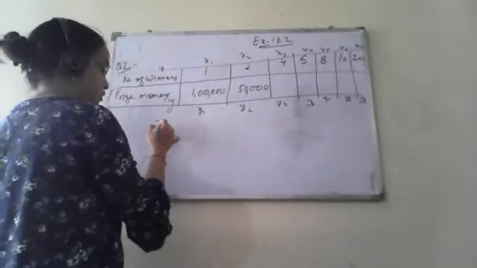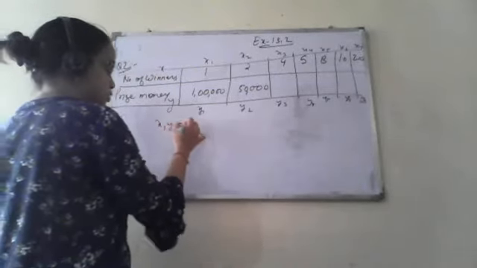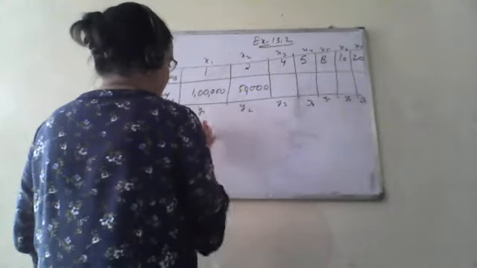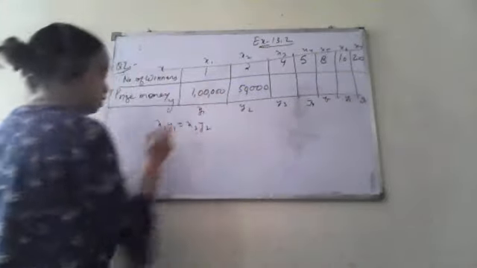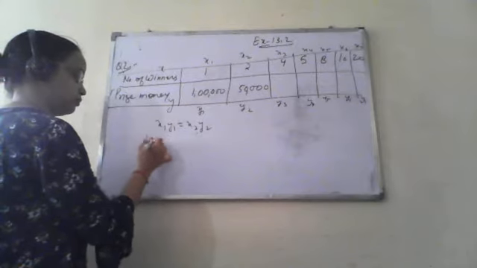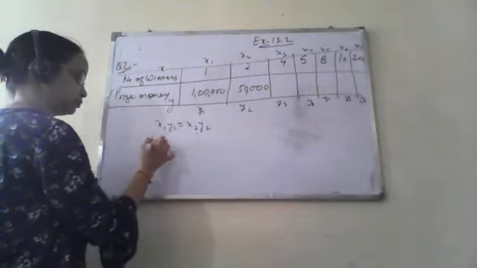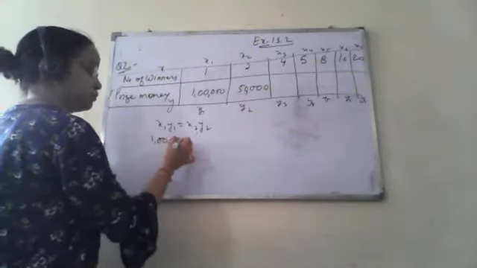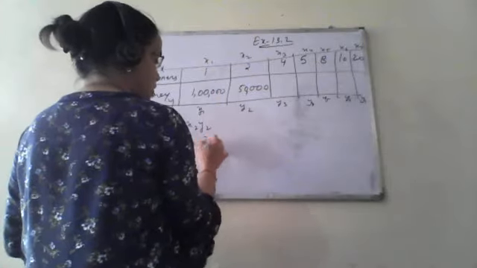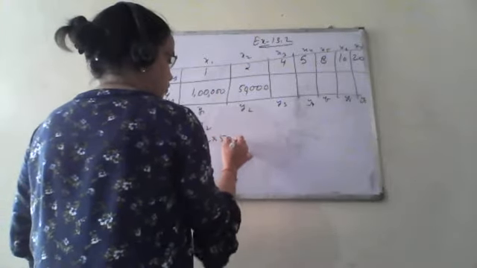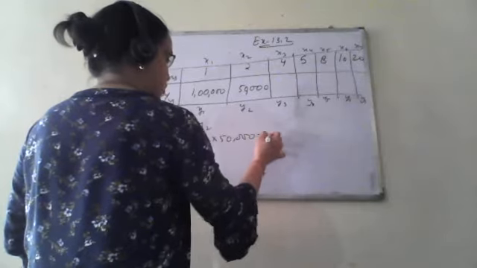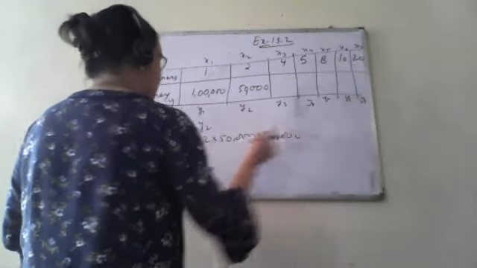For inverse we should prove x1 y1 equals x2 y2. Now see, this is 1 into 1 lakh will be 1 lakh and x2 y2 equals 2 into 50,000, that is equal to 1 lakh. So these values are equal, that means they are in inverse proportion.